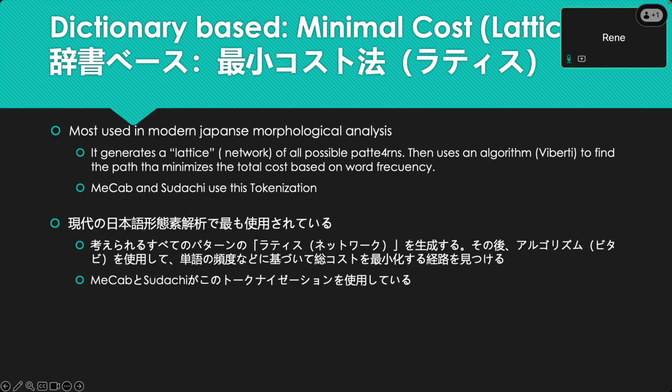I'm going to show an example to show exactly how it works, but right now just bear with the explanation. It creates a network of all the possible patterns for a text, and then it uses an algorithm, which is Viterbi, to find the path that minimizes the total cost based on the word frequency. With that, it can know when to separate the words.